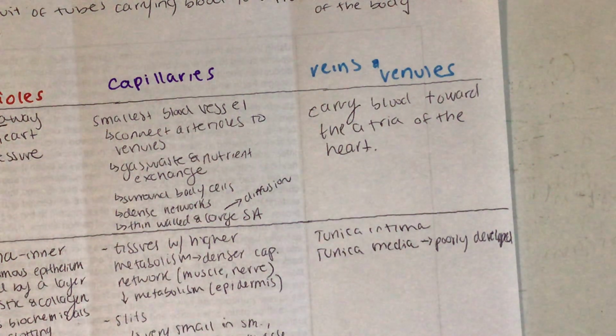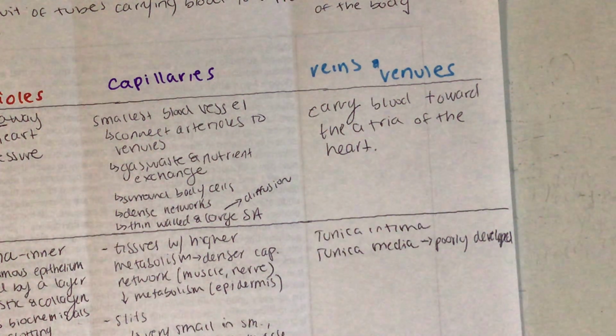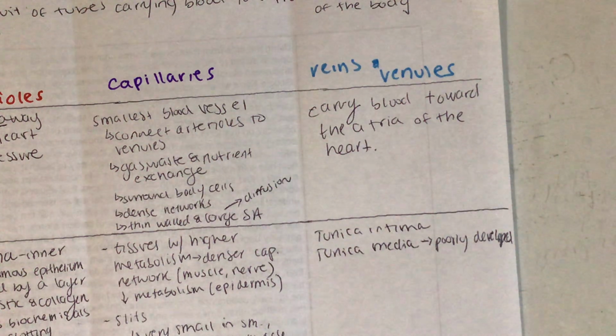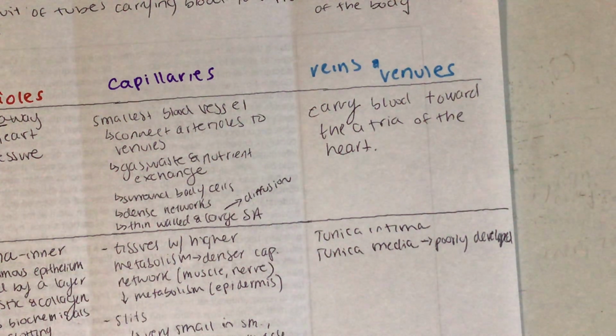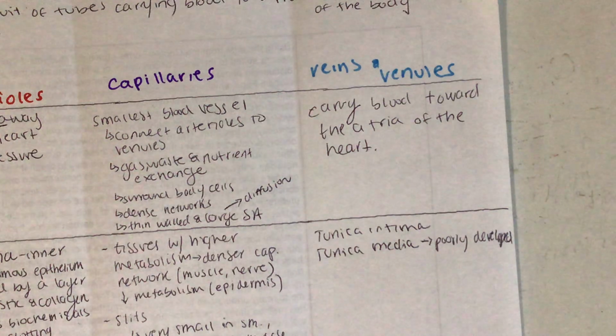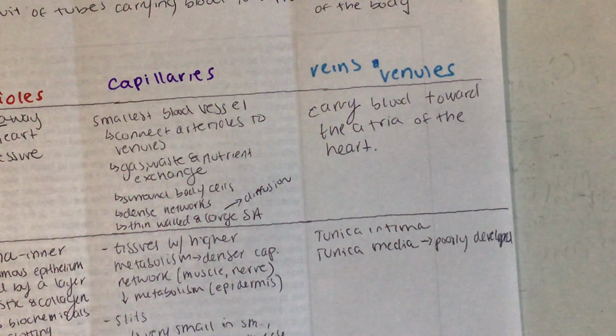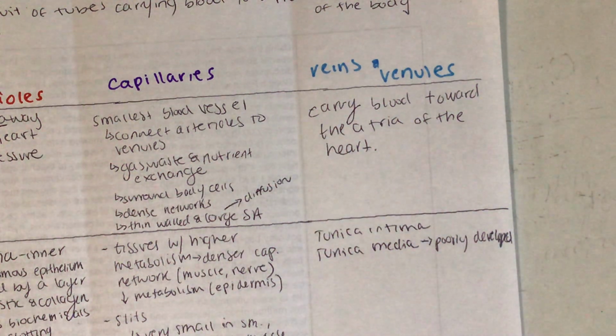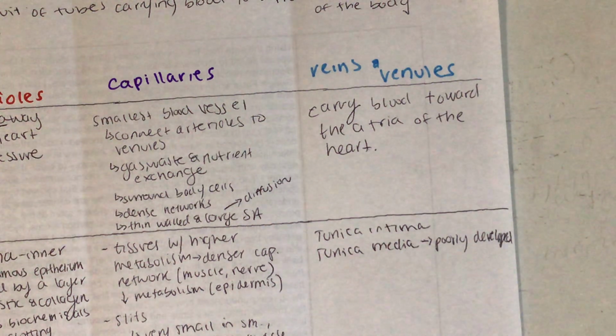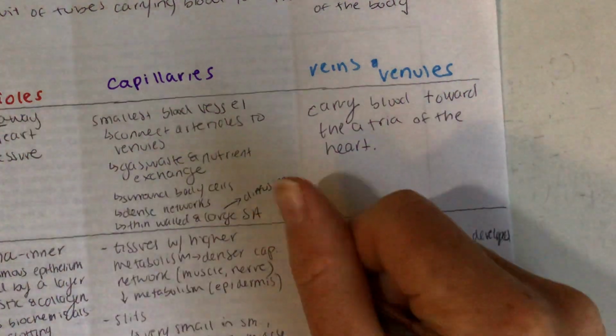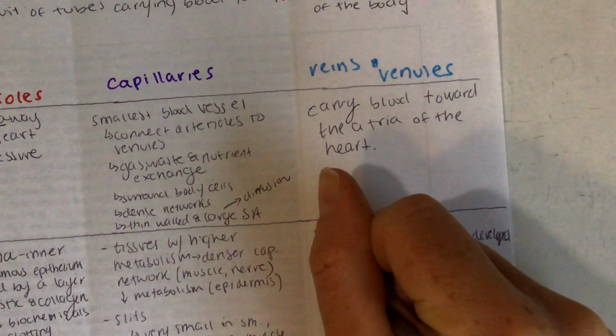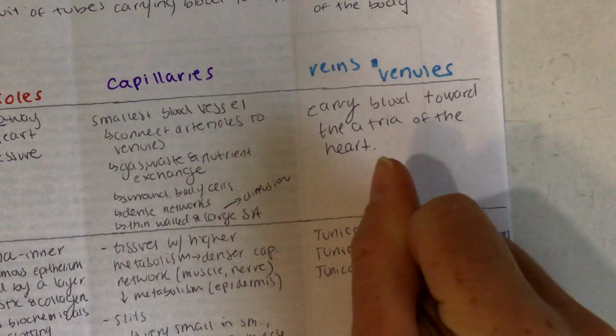And so if you're thinking about coming all the way from your foot all the way back up to your heart, you don't have very high blood pressure there because it got pumped from those ventricles a long time ago. And so we've slowed way down. And also we're going against gravity. And so we're not going to have that high blood pressure, pushing really at all. And then finally we have that outermost layer, the tunica externa.